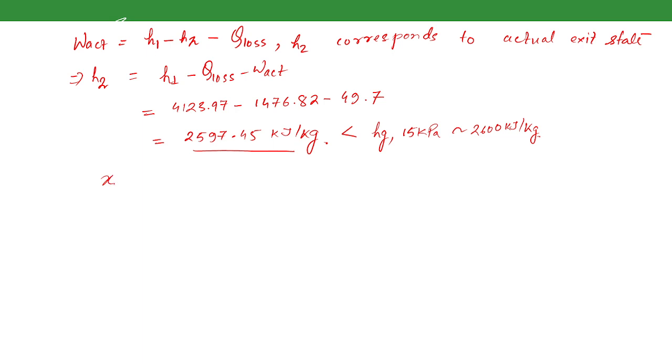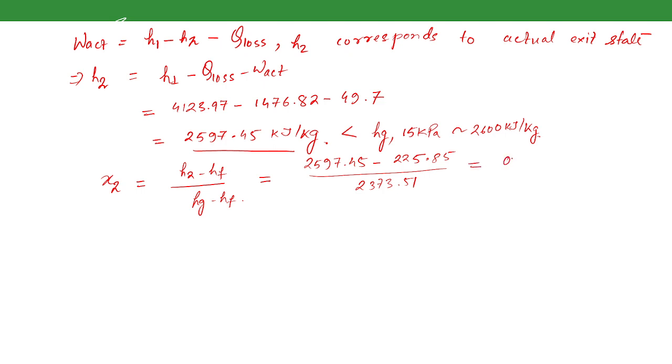So the quality at state 2 is H2 minus Hf by Hfg. It is 2597.45 minus Hf, which is 225.85, and this Hfg value is 2373.51. So this value comes out to be 0.9991.